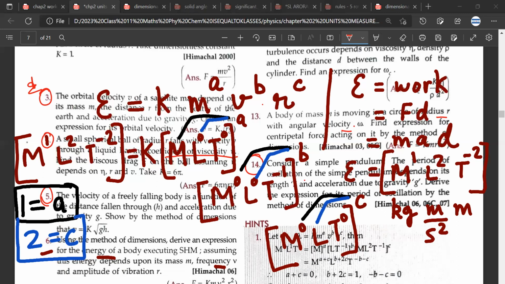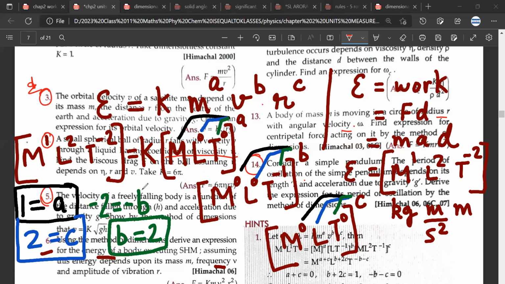And my third equation would be for time. That would be minus 2 is equal to 0 minus b and 0. So b is equal to 2.